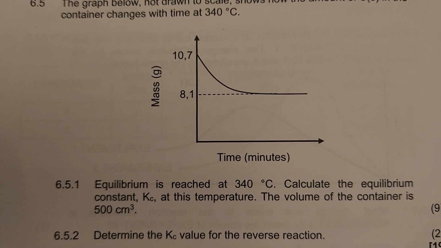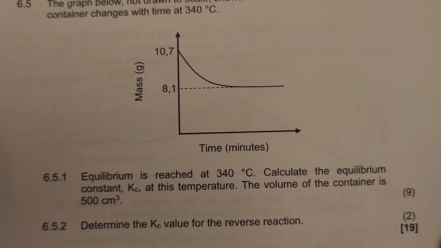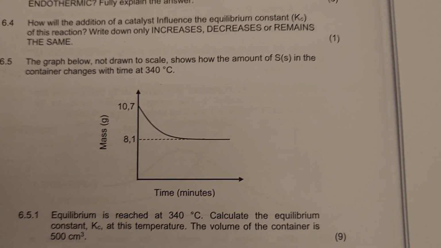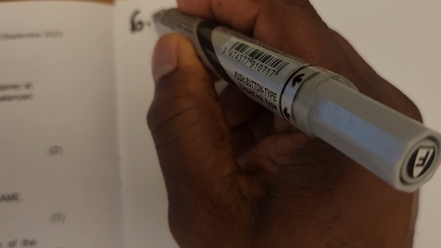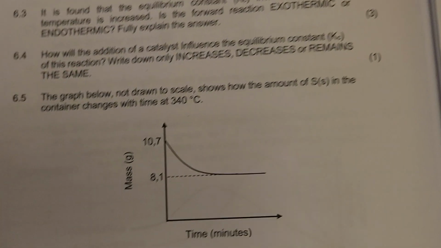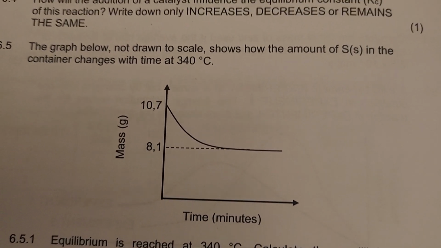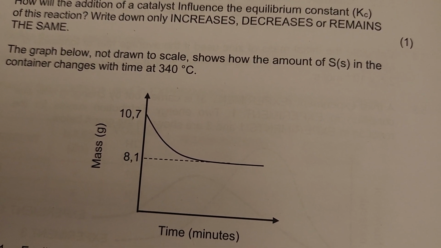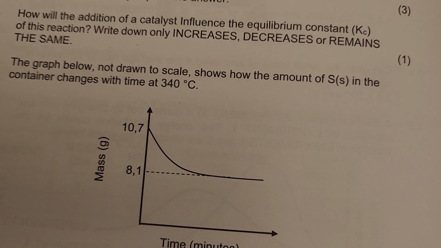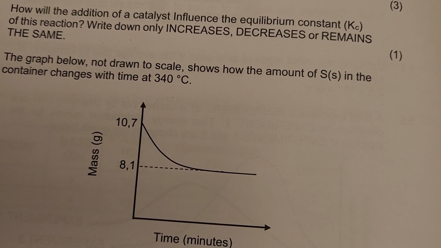Next one, it's a long one, 6.5.1. This one now we're going to calculate. In 6.5.1, they're saying to us the graph below, not drawn to scale, shows how the amount of sulfur solid in the container changes with the time.